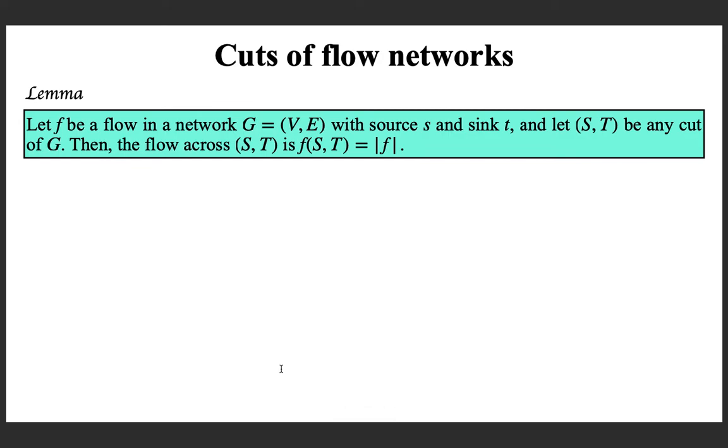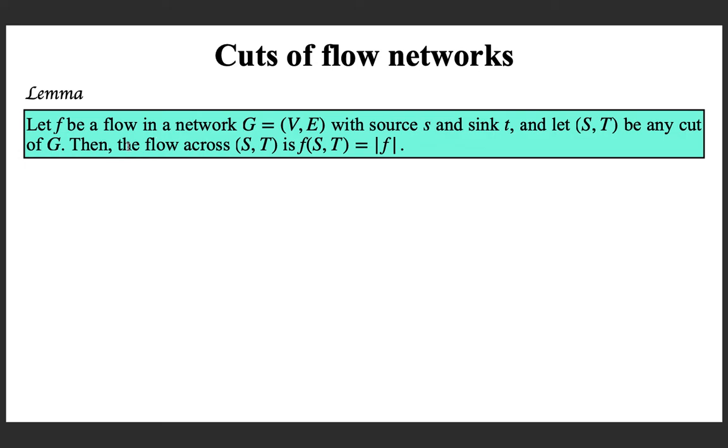Now we can have a lemma and a useful corollary for this lemma. What is the lemma saying? Let F be a flow in a flow network with the source S and sink T, and ST be any cut of G. An ST cut is an arbitrary cut, any cut for that purpose.